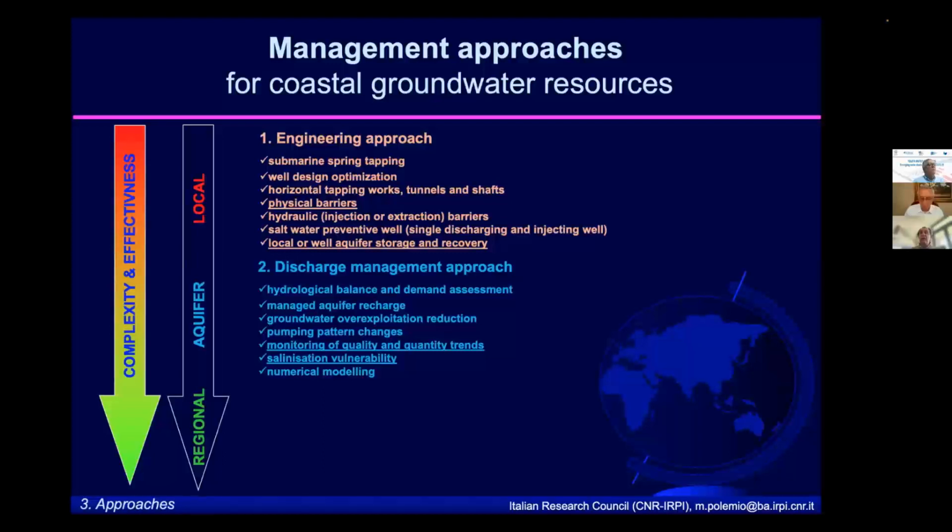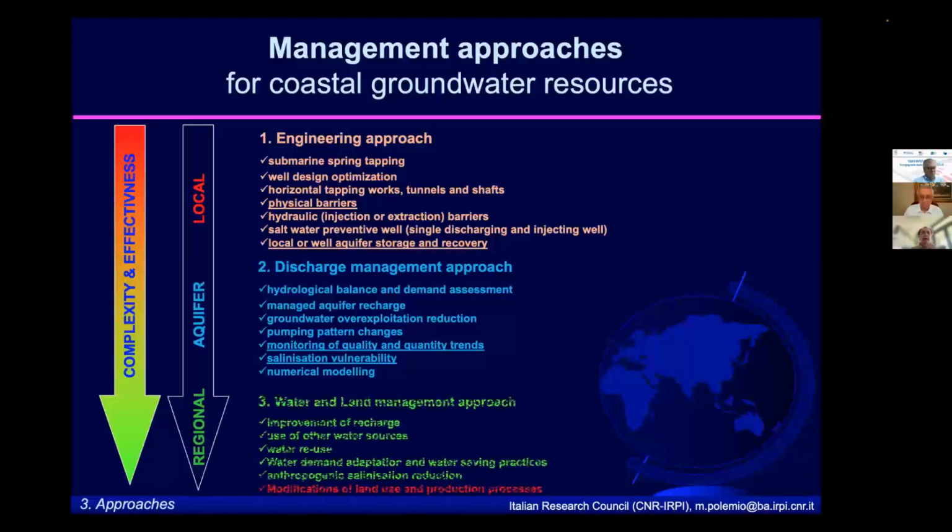In this case, we can move to the maximum complexity and effectiveness, applying a regional approach, where regional means not a region from a political point of view, but an extension that is able to involve also the management of surface water.